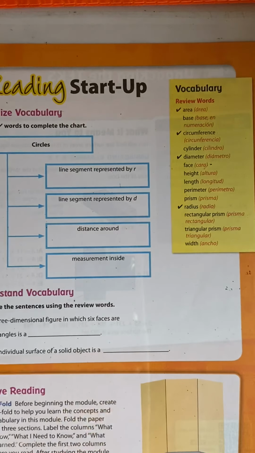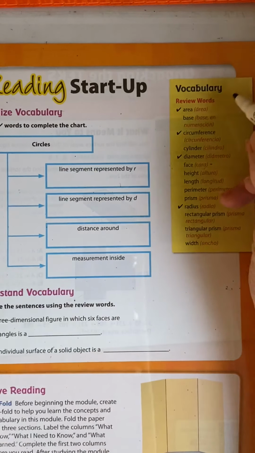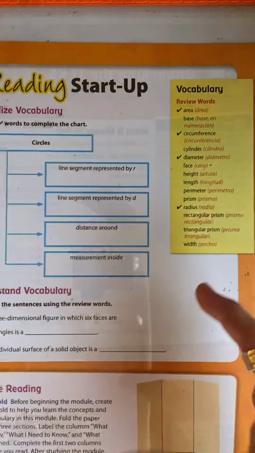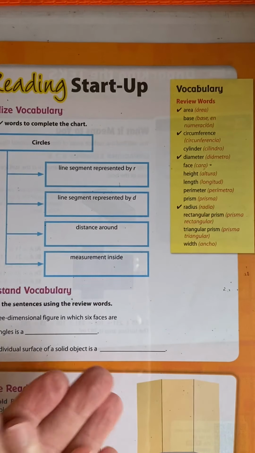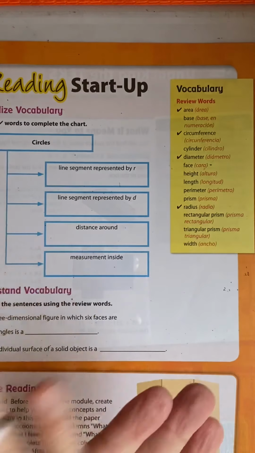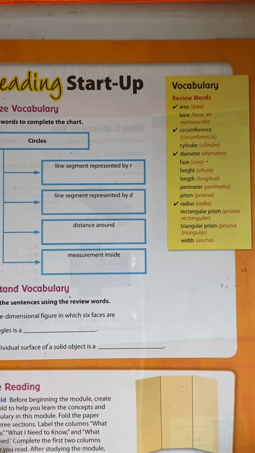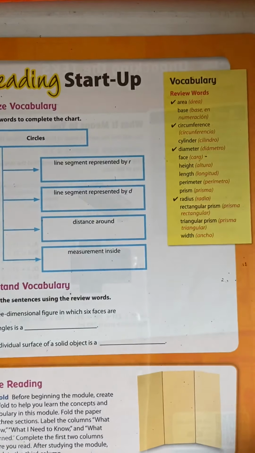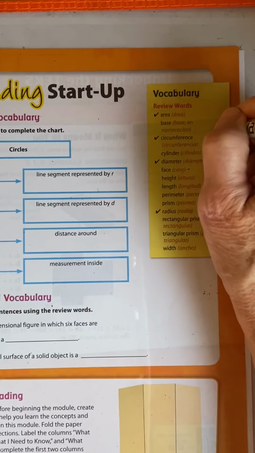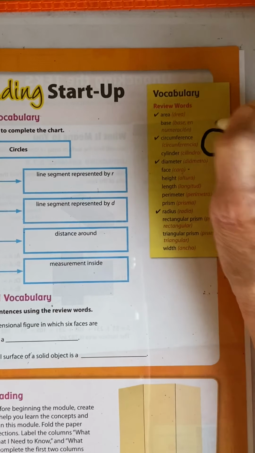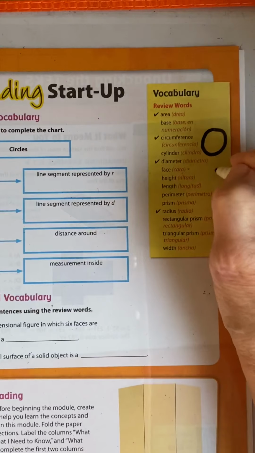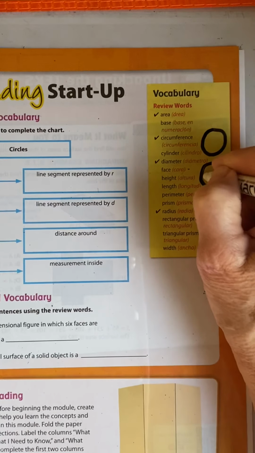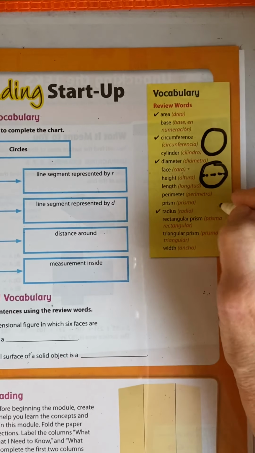And the check mark words are area. That's the space inside the circle. The flat space inside the circle is the area, and it's in squared units. Circumference, my friends, is the distance around the circle. All right. Diameter, we know, is all the way across.